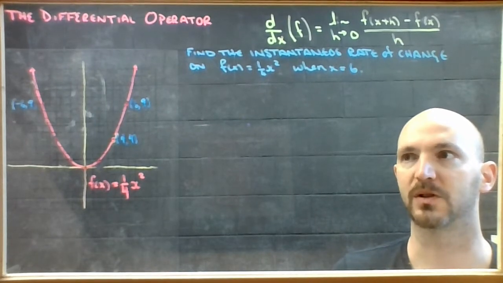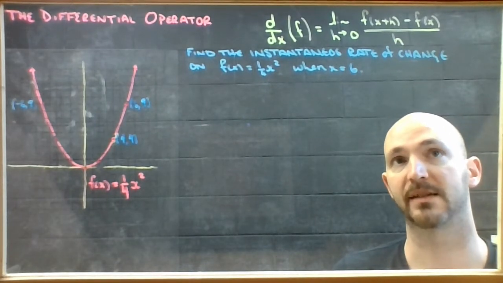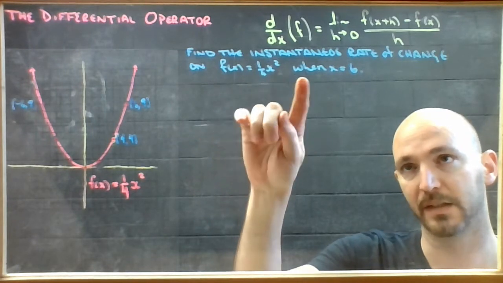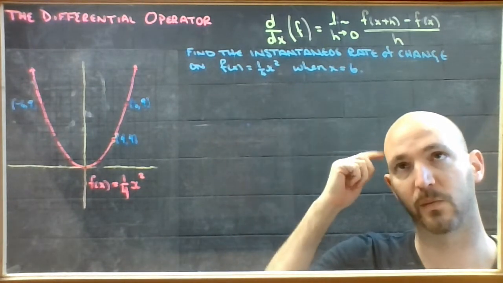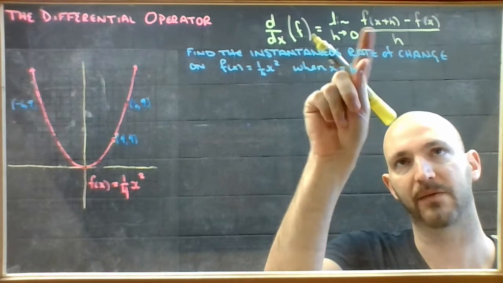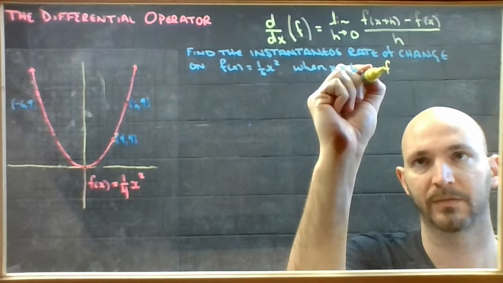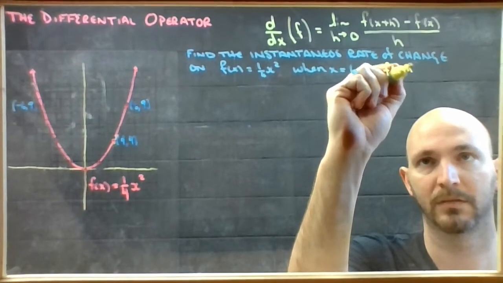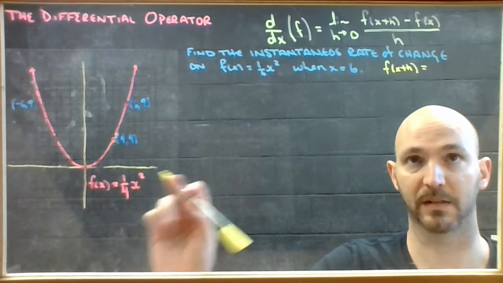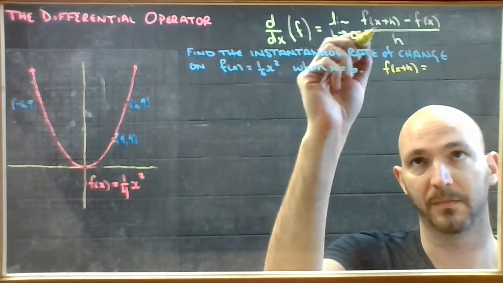Okay, so to answer this question, find the instantaneous rate of change of f of x is 1/4 x squared when x equals 6. What you've done in advanced functions is you looked at f of x plus h, and you said that thing would be 1/4 of x squared.